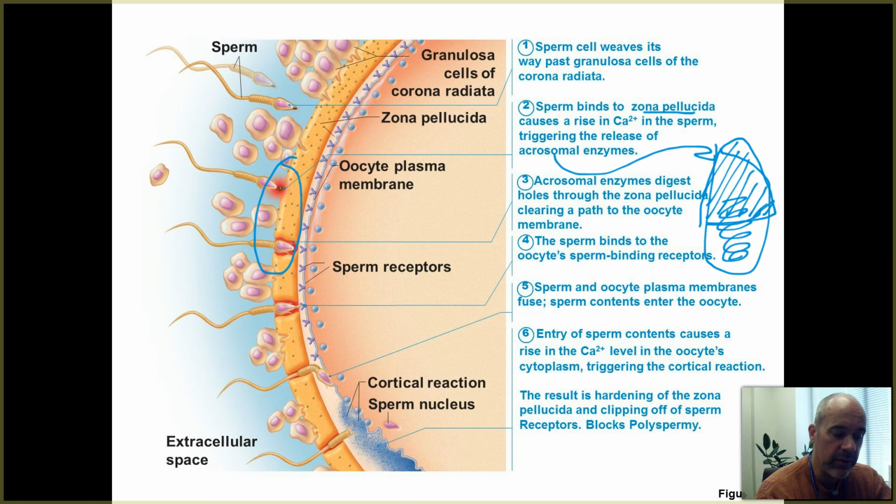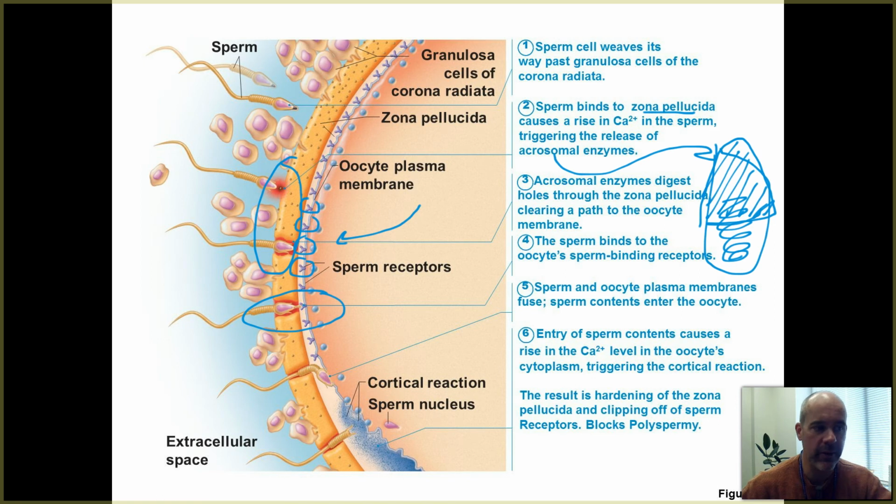Now once they make their way through there, the secondary oocyte has these little Y-shaped molecules that you see there on the diagram. Those are sperm cell receptors. So they kind of function like hormone receptors. They're very specific for binding the heads of sperm cells. So finally, one lucky sperm cell works its way completely through the zona pellucida, and it attaches to a sperm cell receptor.